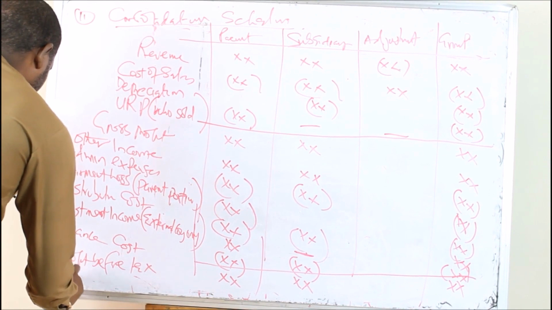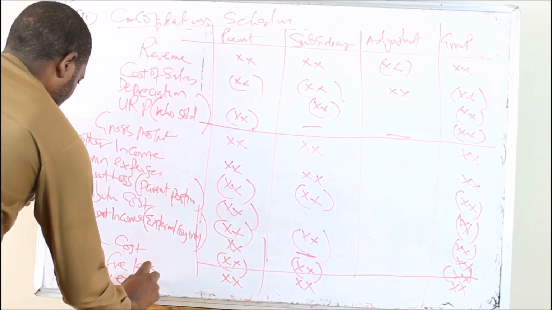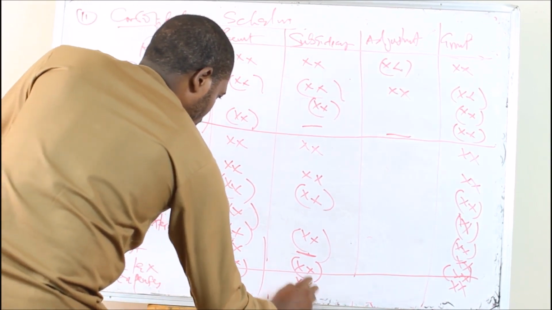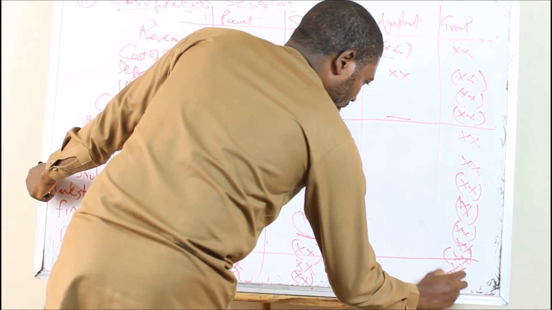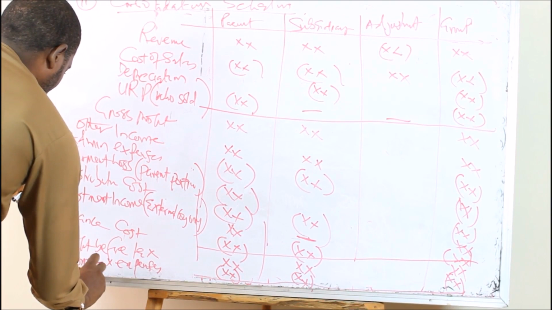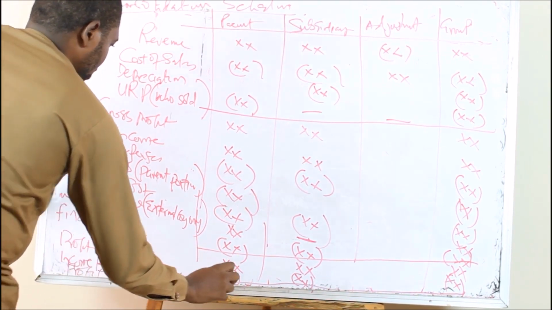Then you have income tax expenses, parent and subsidiary. By the time you minus it, you get profit for the year. So that is that.